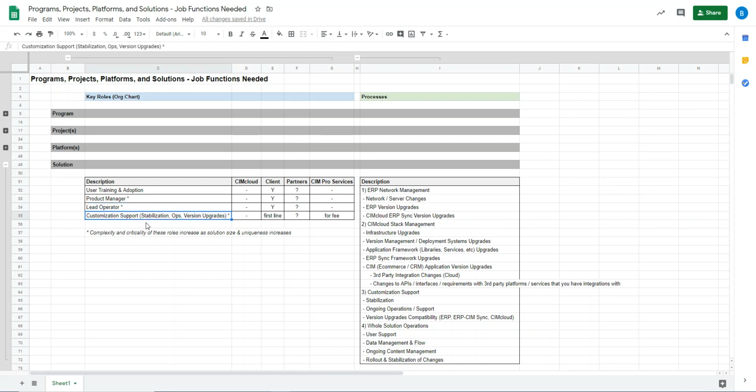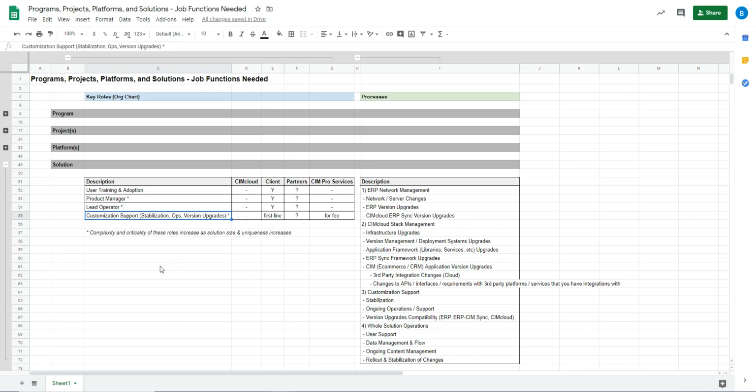And then for customization, if you choose to do customizations, it's important to understand that there is a stabilization period after customizations are done that costs money. There is an ongoing operation and maintenance that costs money, and every time version upgrades happen, depending on whether the customization's in the ERP, the sync, or in the SimCloud or e-commerce application, or all of three, when you're doing upgrades to the core platform, the platform R&D people are not looking at customizations and saying, I got to make sure this works for your unique solution.